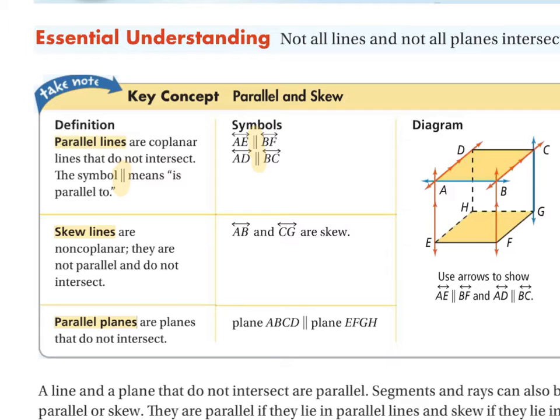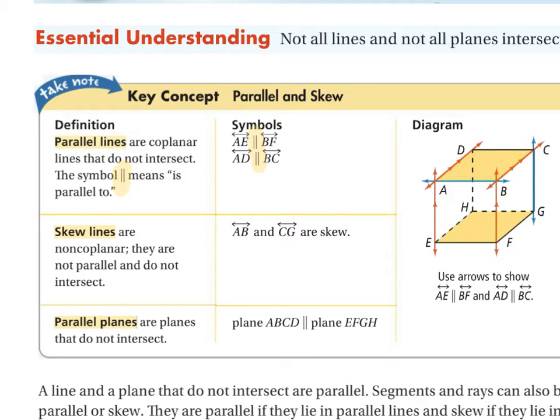Okay, this next word is probably new to you. It's skew. Skew lines are non-coplanar, and they are not parallel. So that means they're not on the same plane, they are not parallel, and they do not intersect. These lines will literally never meet, and it's not because they're parallel, it's just because they are on totally different planes.